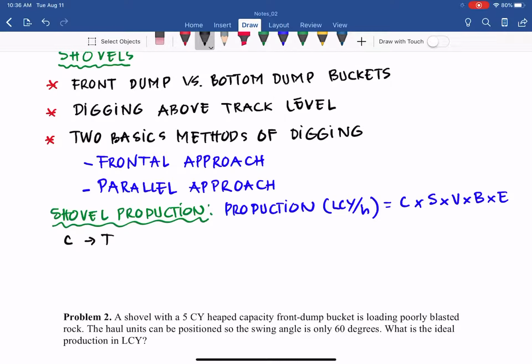For C, go to table 3.6, and then we have a swing factor S. Go to table 3.6 as well.